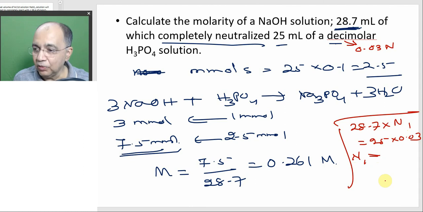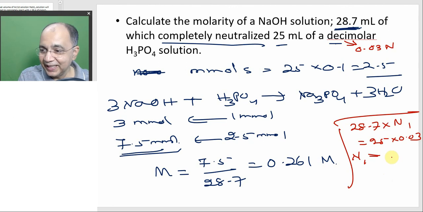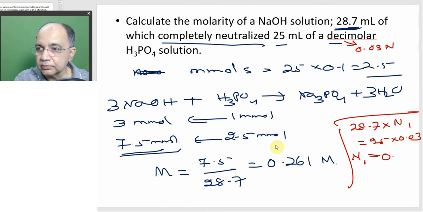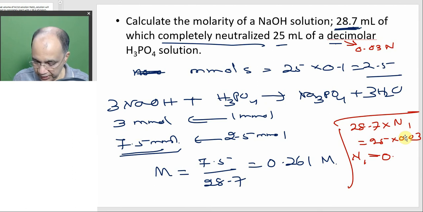So the normality of sodium hydroxide will be, let me solve for you. You just hear me, wait for some time. I will be ready with the answer. 28.7 into normality is equal to 25 into 0.03, divided by 28.7.